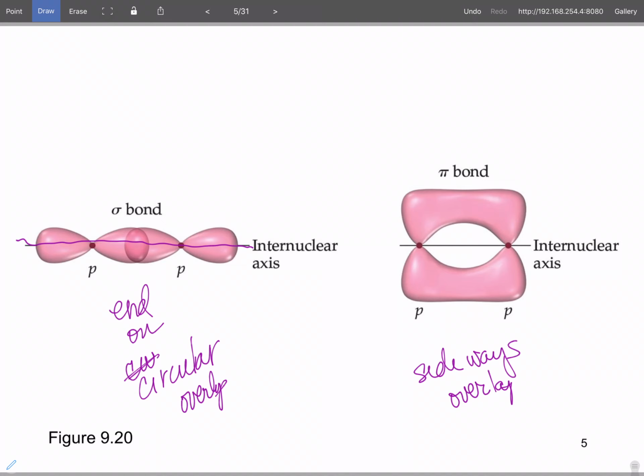That means that this line lies directly in between the two nuclei. This one lies above and below the internuclear axis. So it's actually not directly between the two nuclei. The bond occurs between the two nuclei, but it's not directly between them. It's above and below the plane of it.